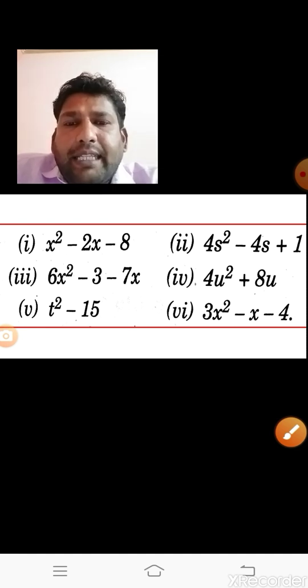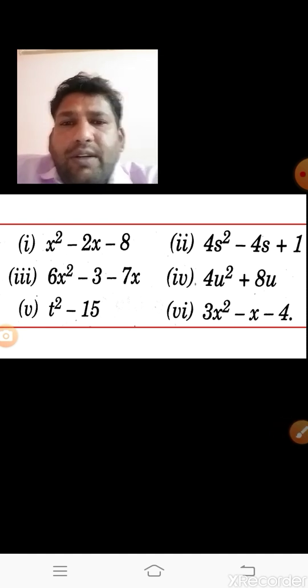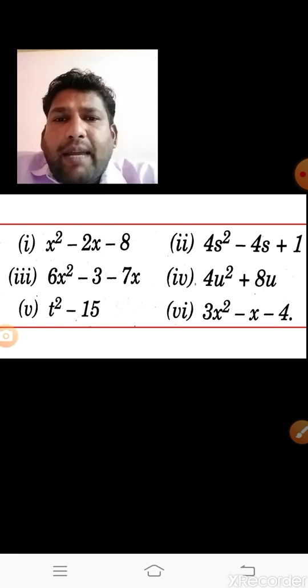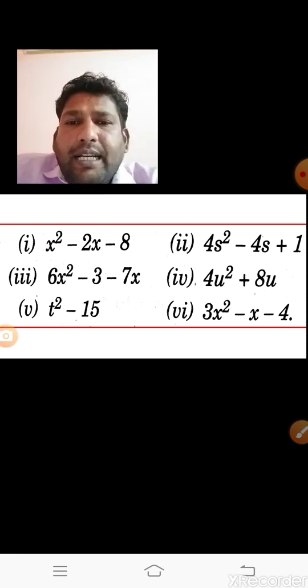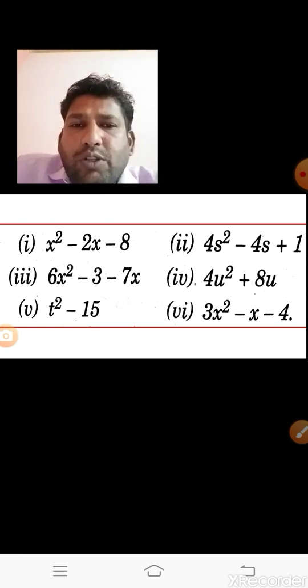6 parts we are getting in the first question. First one, x square minus 2x minus 8 and so on. Solve these questions in the notebook and get the answers of these. Easily you are getting the answers of these questions by using the prime factorization method.